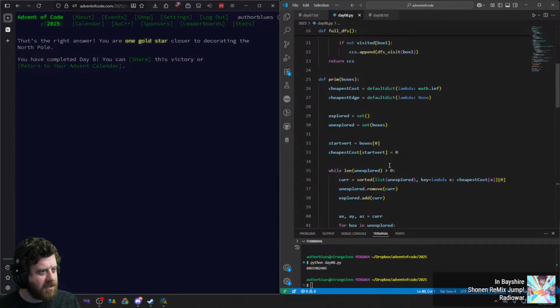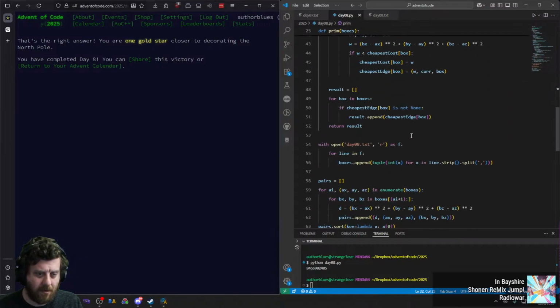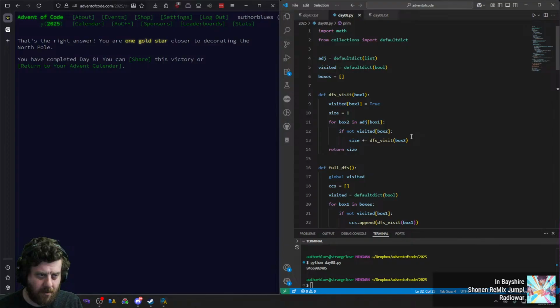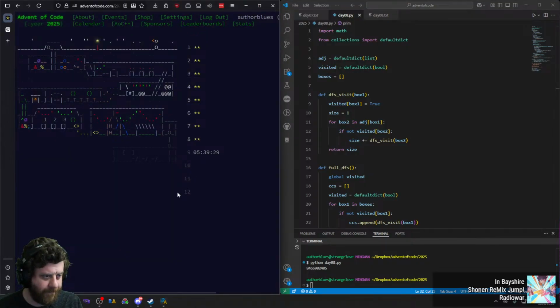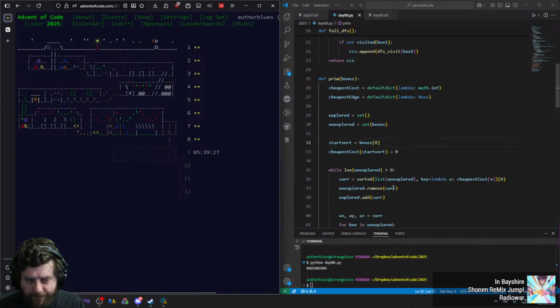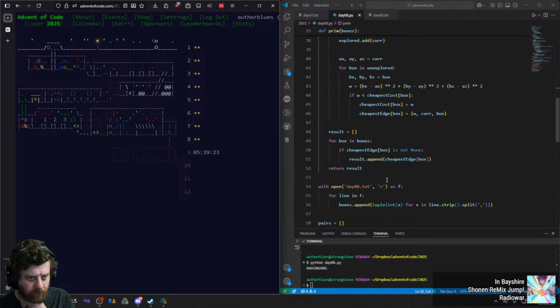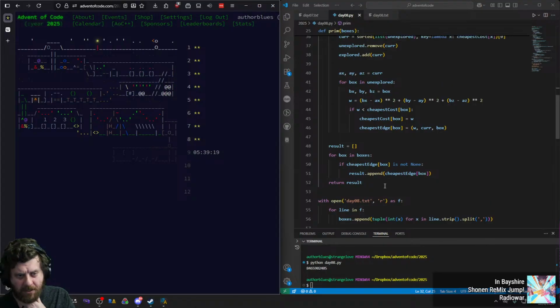I've never sat down to write Prim's algorithm on an implicit graph in Python, so... That makes sense.